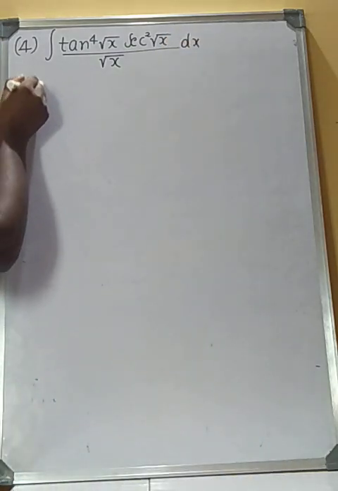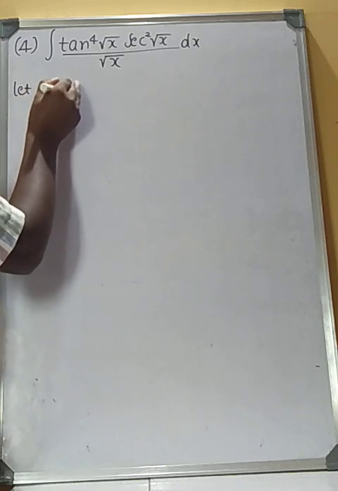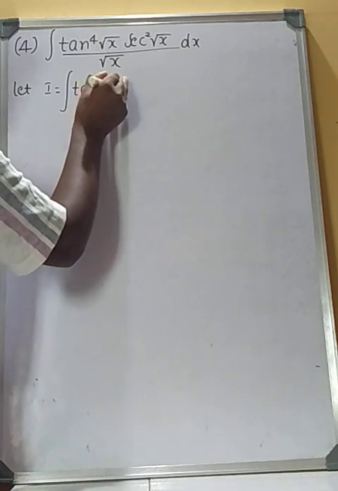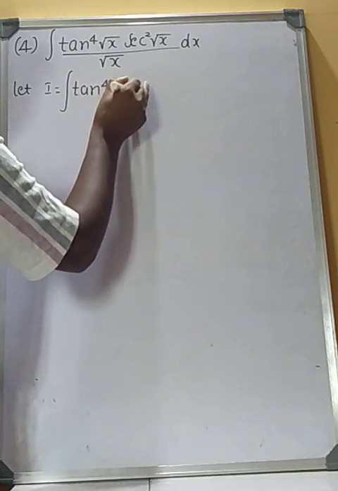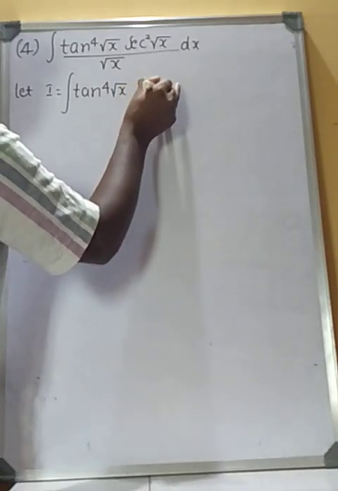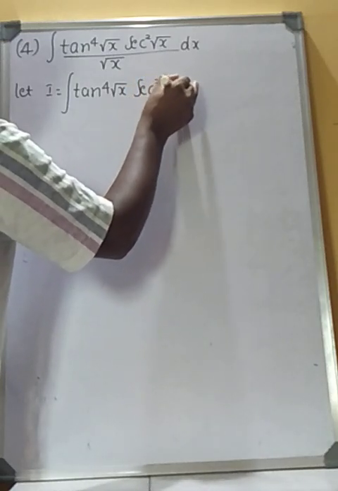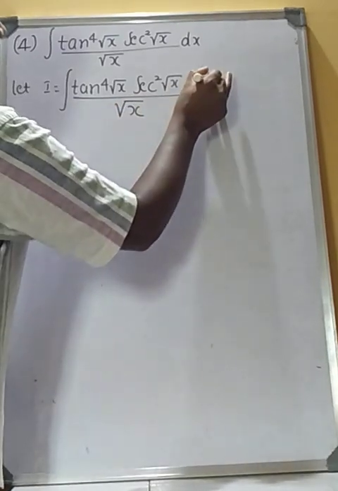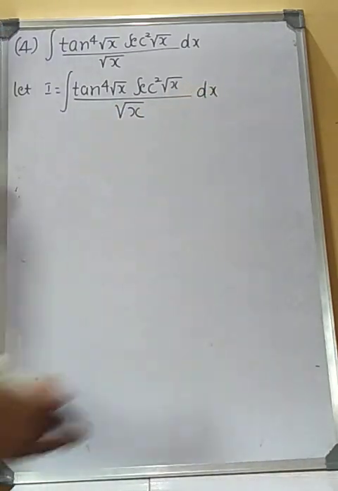So let I = ∫ tan^4(√x) × sec²(√x) / √x dx.